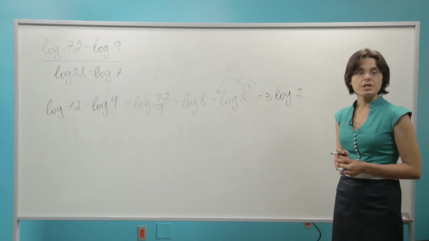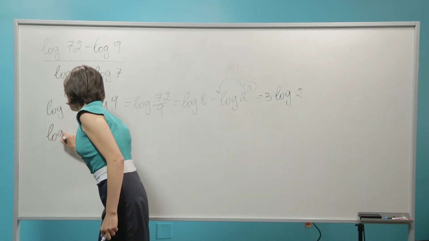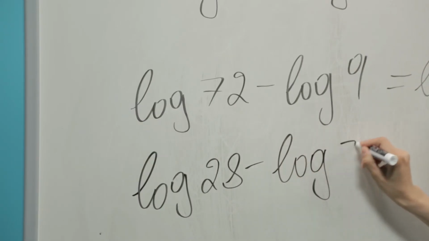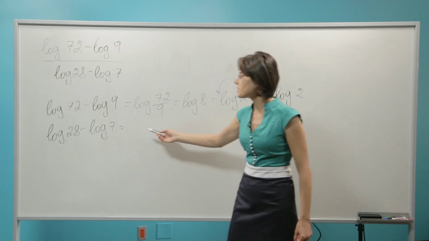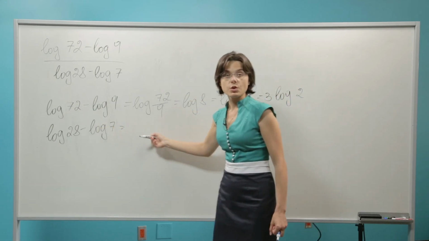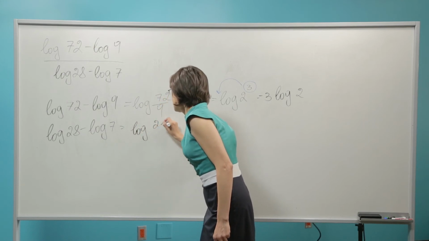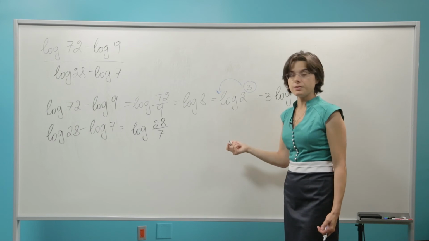Now let us do the same with the denominator. We have logarithm of 28 minus logarithm of 7. Again, by the property of logarithm, I will represent this as the quotient. So it's logarithm of 28 divided by 7. Now we can simplify.